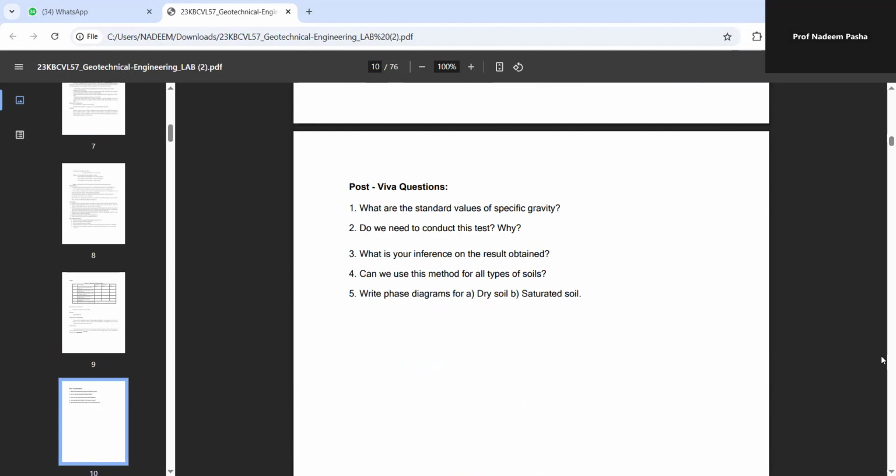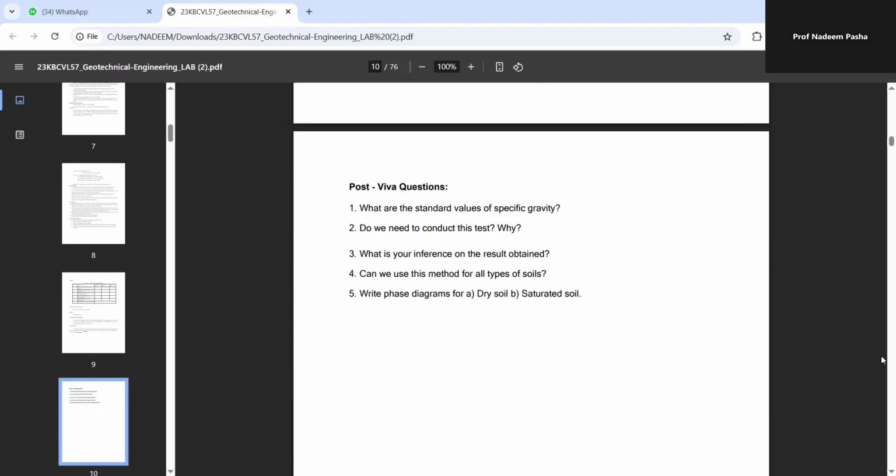Whenever you construct any structure, you will have an idea what type of soil it is, what is the safe bearing capacity of the soil, whether it can withstand the load, whether it can be used for an earthquake resistant structure, and which type of foundation it needs. So all these soil properties are important. So this test is very important with regard to soil classification and also for construction purposes.